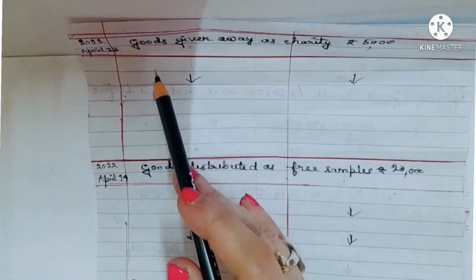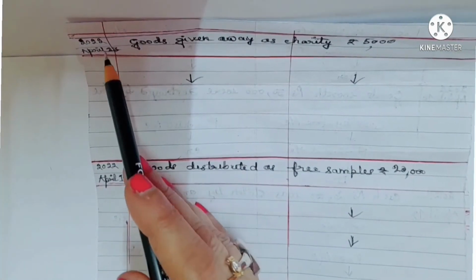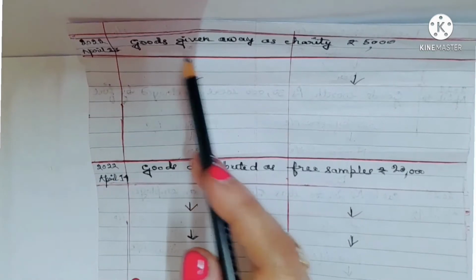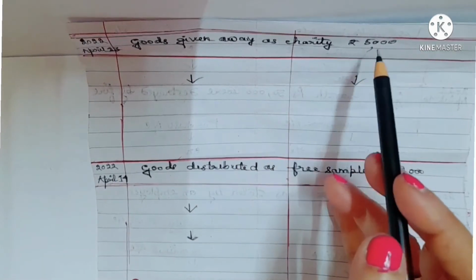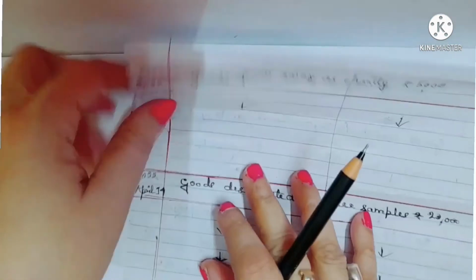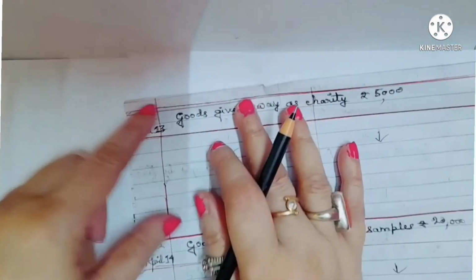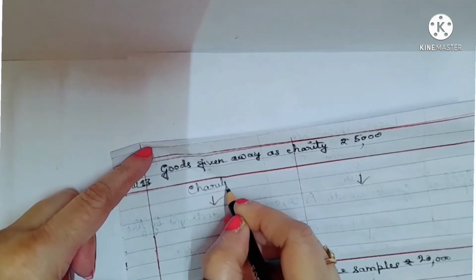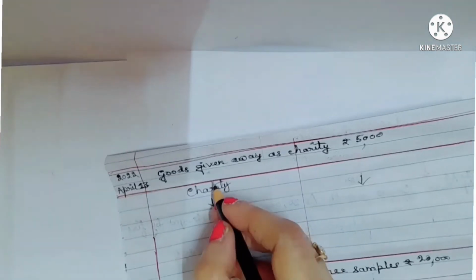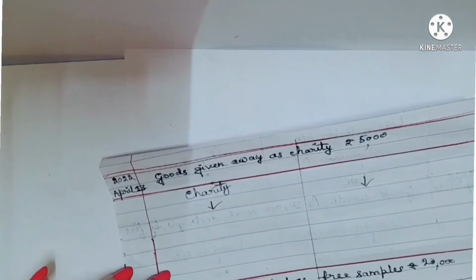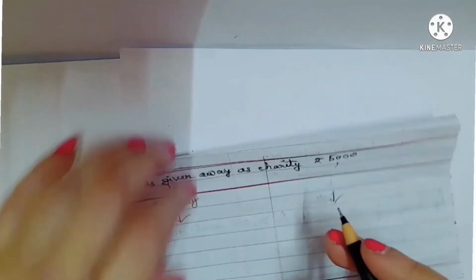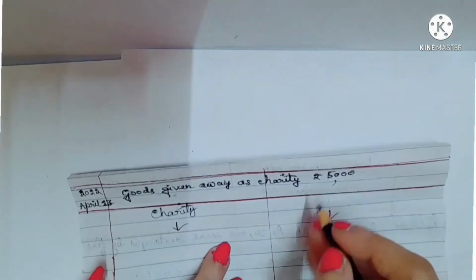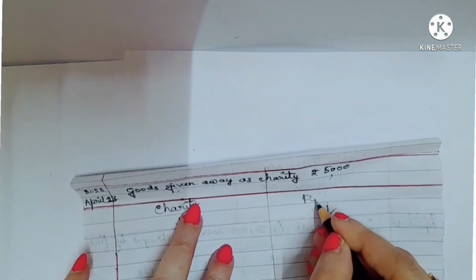The sixth transaction is on 13th April 2022, goods given away as charity, rupees 5,000. What are the two accounts? One will be charity account, and one will be purchases account.